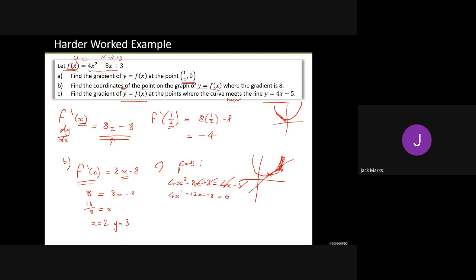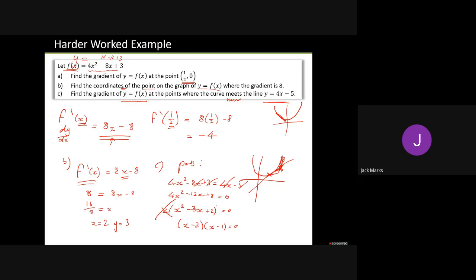Notice 4 is a factor of all of them, so you could simplify that. So you could do x squared minus 3x plus 2 equals 0. And because you're solving, you could divide it by 4. Okay, and if we solve this one here, it's going to be minus 2 and minus 1, isn't it? x minus 2, x minus 1.